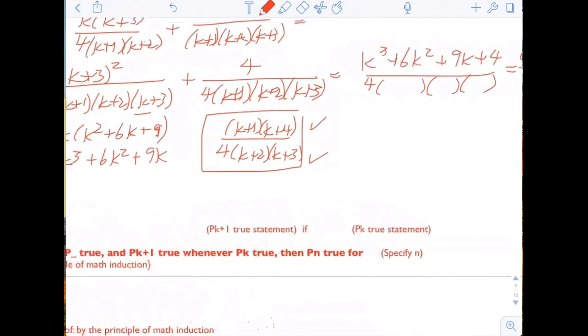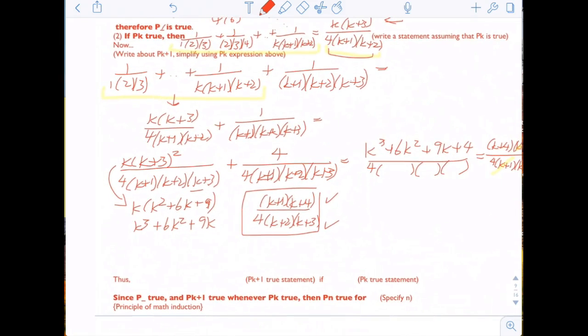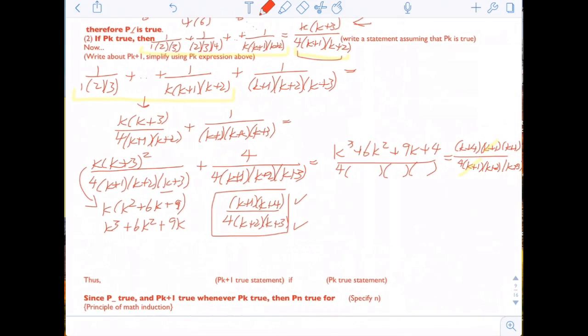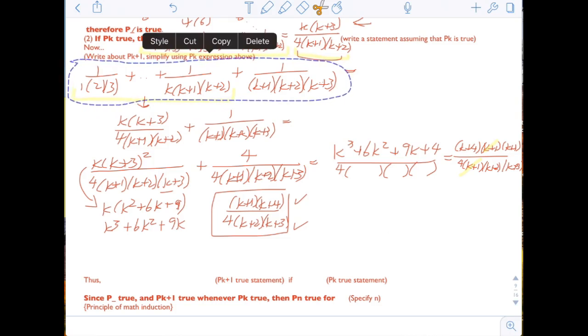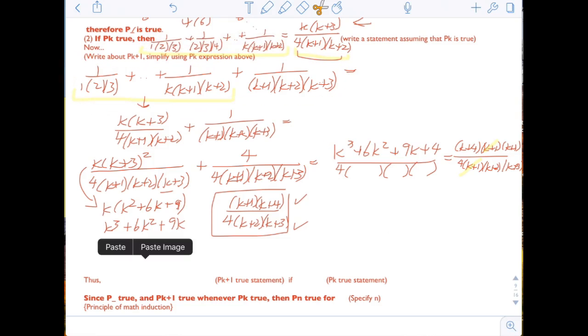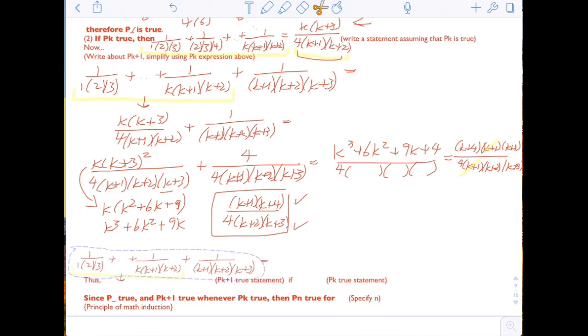So if we wanted to write the expression here, what we could do is we could grab this here. We'll put it here. Make it small.